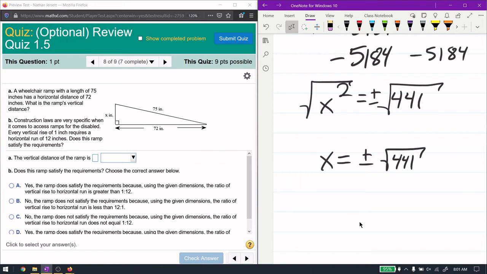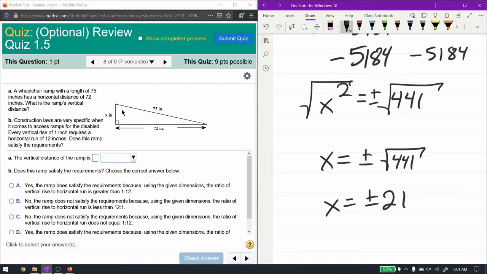I don't know if 441 can be, I bet that's prime, but I could be wrong. Oh no, it's 21. The square root of 441 is 21. Okay, cool. So we have plus or minus 21, so we have either a plus 21 or a minus 21 for x. Now x, you can see here, is the vertical distance of the height of this ramp.